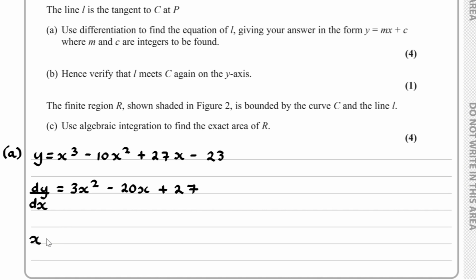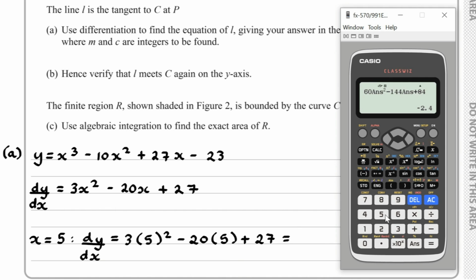When x is equal to 5, dy over dx is 3 lots of 5 squared minus 20 lots of 5 plus 27.